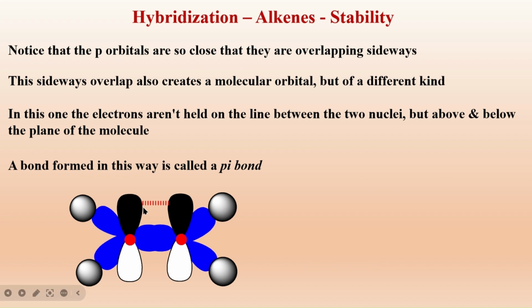electron in it. And the one electron of this p orbital is shared with the p orbital of the second carbon sideways.